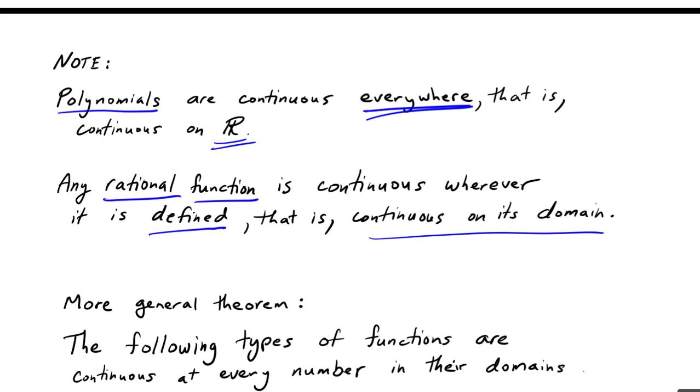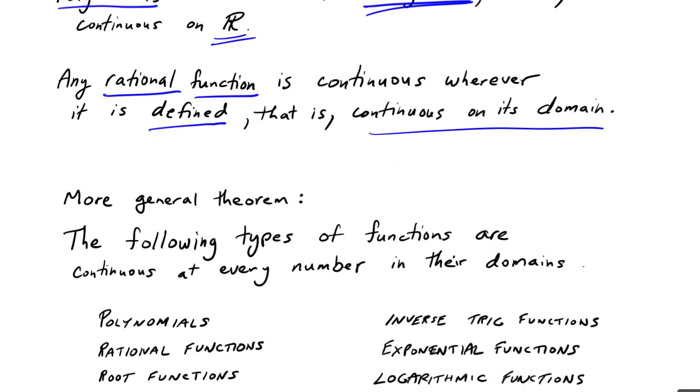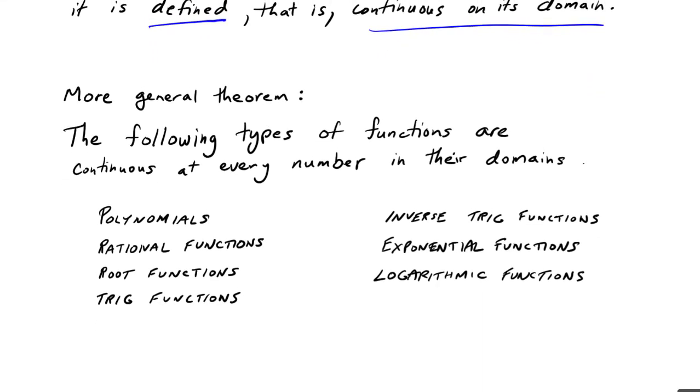Okay, so polynomials and rational functions seem pretty easy to find discontinuities. Well, in general, it's not that bad. A more general theorem says the following types of functions are continuous at every number in their domains. Okay, and that's the key. All these functions are continuous where they're defined, but they may not be defined everywhere. Anywhere they're not defined, they must be discontinuous. If you know where they're not defined, then you know the only instances of discontinuity.